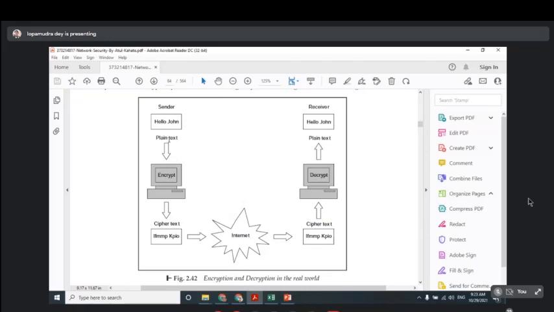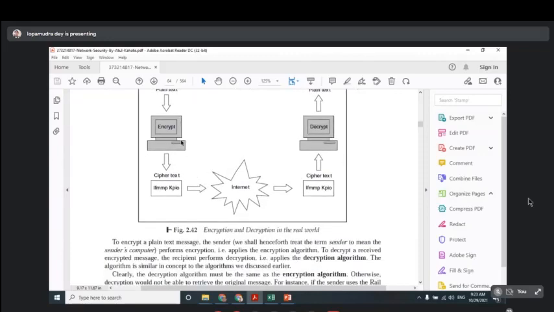So if it is done by the OSI model, it is the presentation layer, but normally, if you are using the TCP/IP network model, it will be handled by the application layer. So this is the encryption decryption procedure.